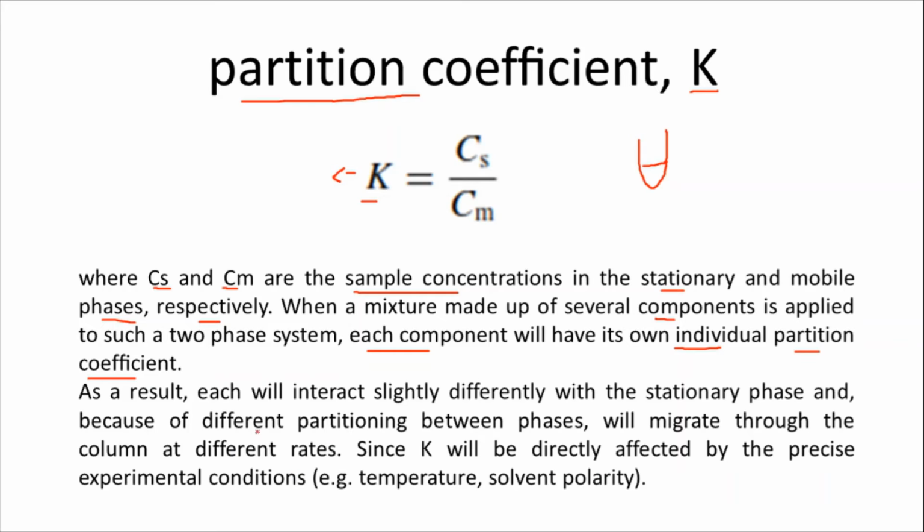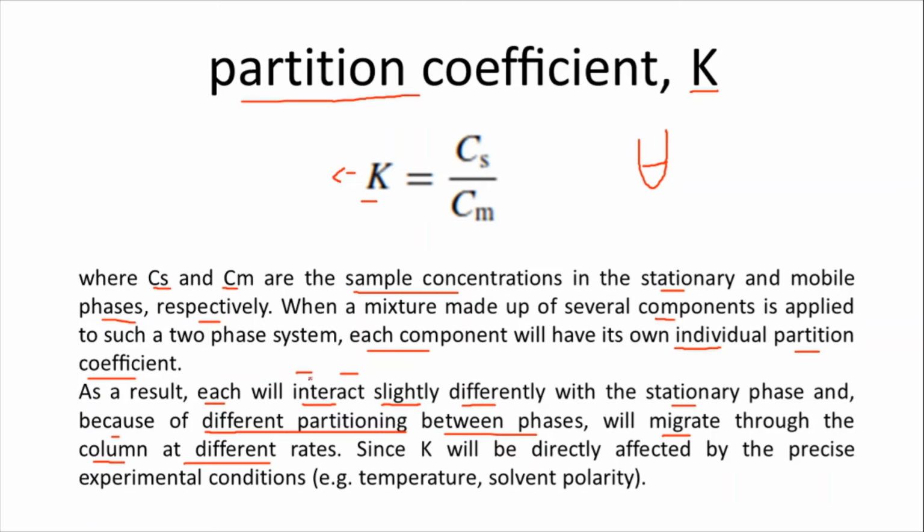As a result, each molecule interacts slightly differently within the stationary phase because of the different partitioning between the phases, and will migrate through the column at different rates. The interaction is called adsorption and solubility.